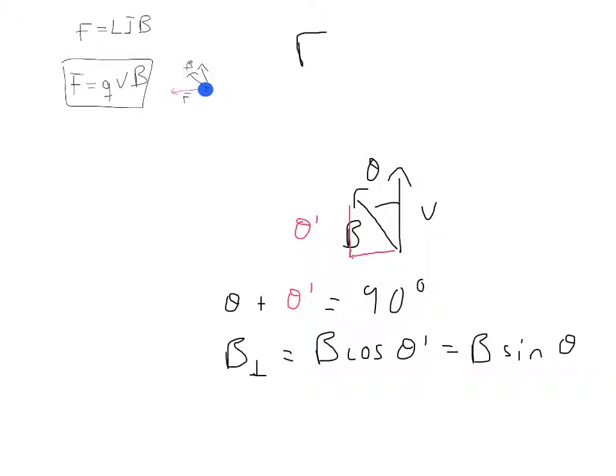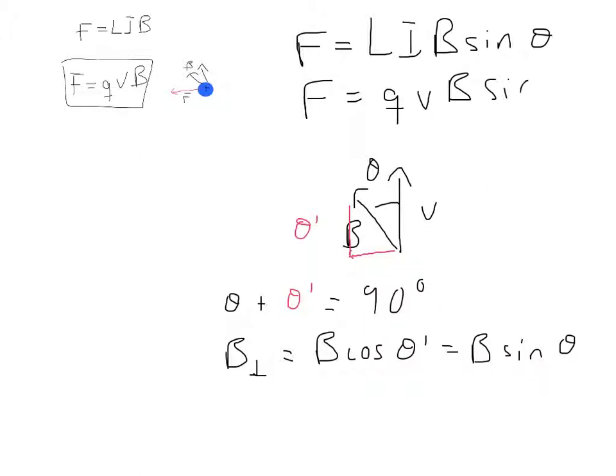The force on a current carrying wire becomes L I B sine of theta, and the force on a charge becomes Q V B sine of theta. And now we have a formula that works for every single possible case.